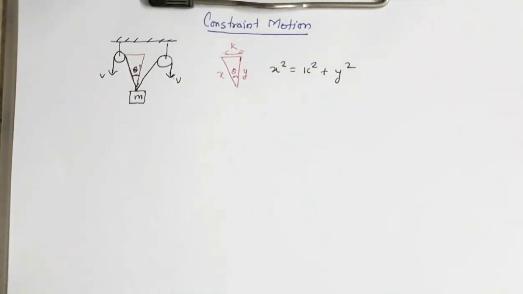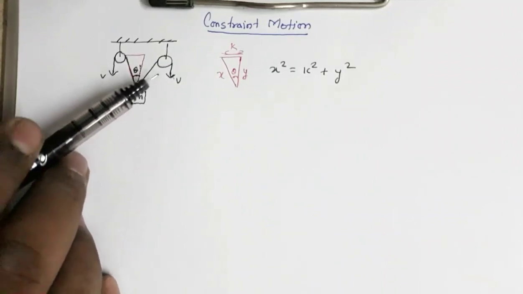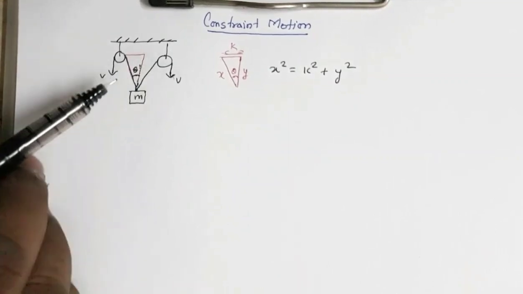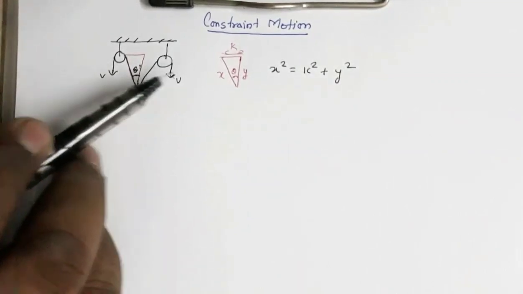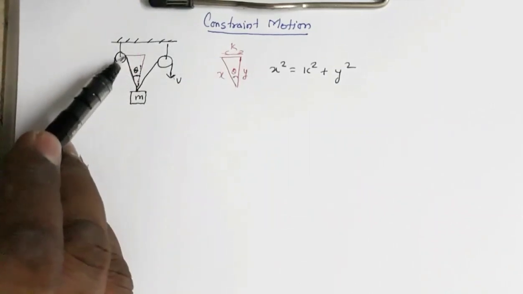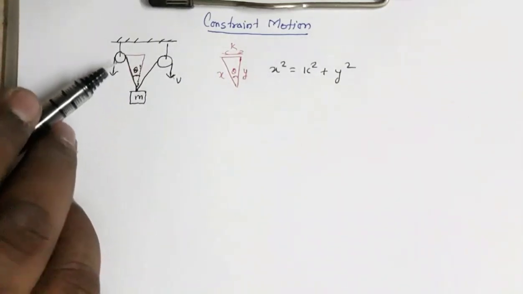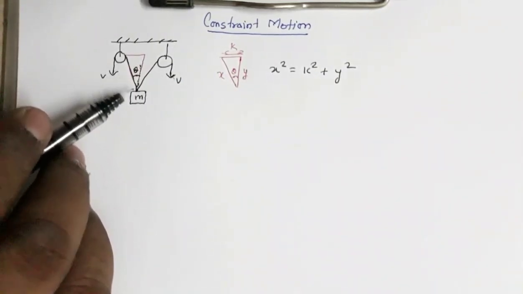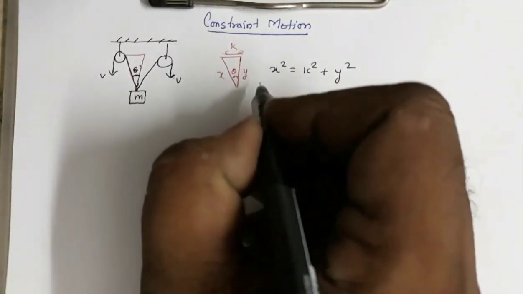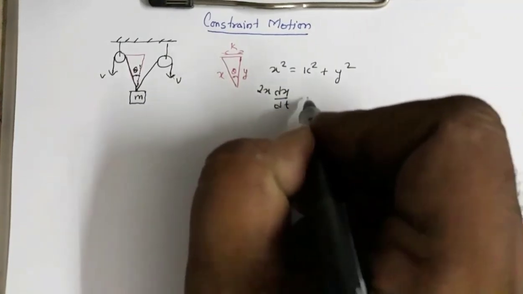Now see, when this block moves upward by virtue of pulling the two ends of the string, the value of x, this length, will change, and this length will also change. So x and y will change, but this length k will remain constant. So if I differentiate this equation with respect to t, x square will be twice x dx by dt.